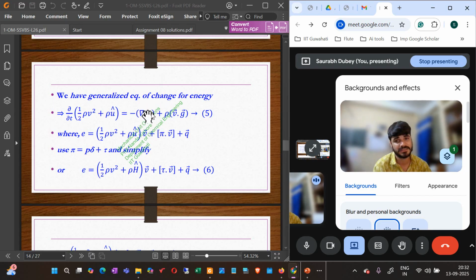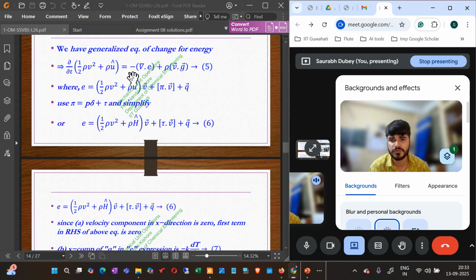For the non-Newtonian, this del dot e you have to evaluate, and then v dot tau you have to evaluate. So here e is this one, right? It is coming from the fourth or fifth week, and then use pi equals pressure plus shear stress, right? And simplify. So e is this one, right? Okay, so e we need to simplify for us.